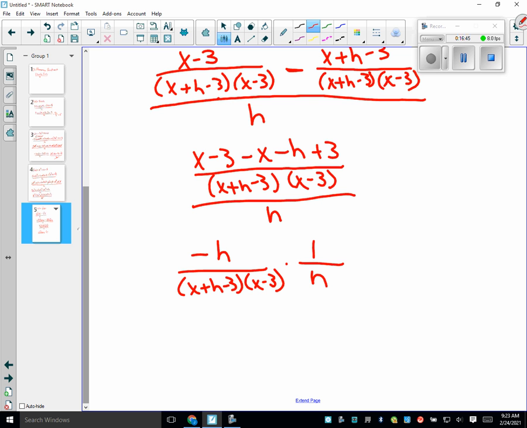Do I have an h on top and an h on bottom? So do they cancel? And I end up with negative 1 over x plus h minus 3 times x minus 3.